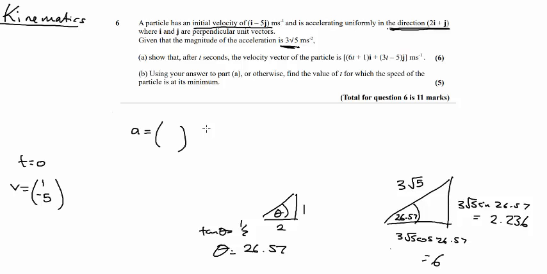And this is 6. Is that correct? Let me double check this one. Oh, that should have been 3. Don't know what I did wrong there. Got 3. Well, that's promising. And let me just do 3 squared plus 6. Bear with me, bear with me. Feel free to skip ahead whilst I do this.